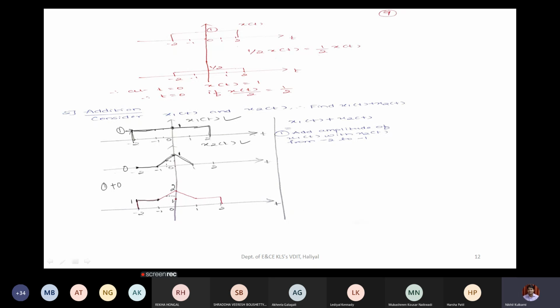It is 1 here and 1 there, so 1 plus 1 is going to give you 2. So the signal will rise like this. Similarly on the other side, from 0 to 1, it is 1 and 0.5, so 1.5 again. At 1 it is 1 and 0, so it will be 1. So we will get the signal like this.